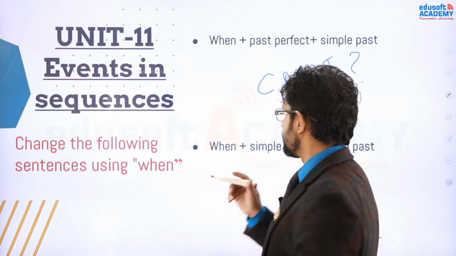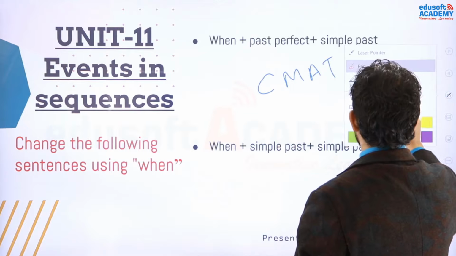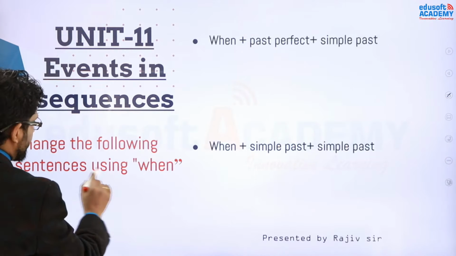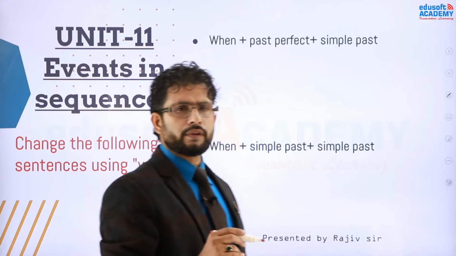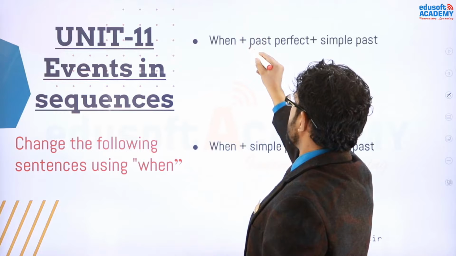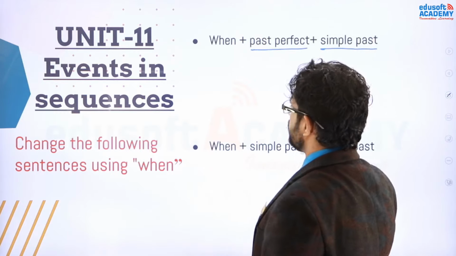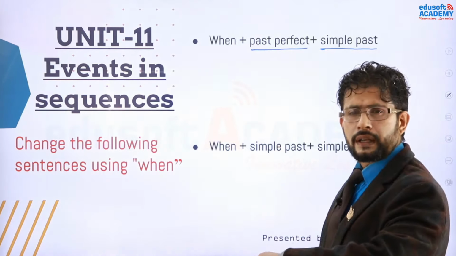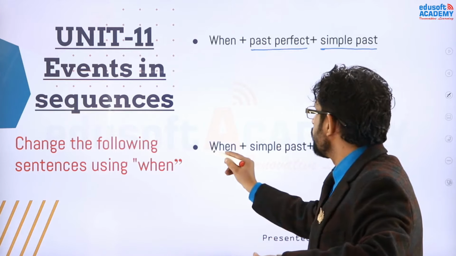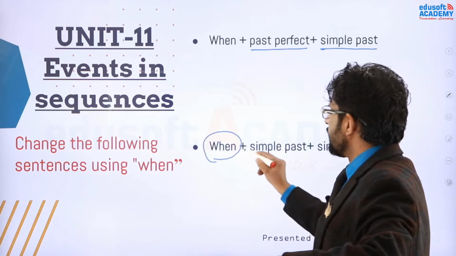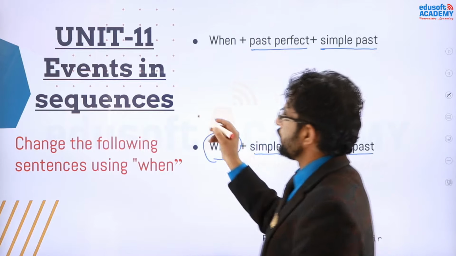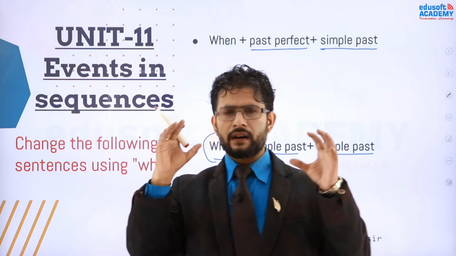So let me tell you, sometimes a question asks, change the following sentence using when. So you need to know that when can take two different structures: past perfect followed by simple past, and when followed by simple past and another simple past. Look at this, events in sequence in a sentence.